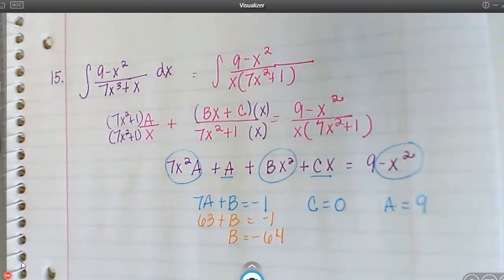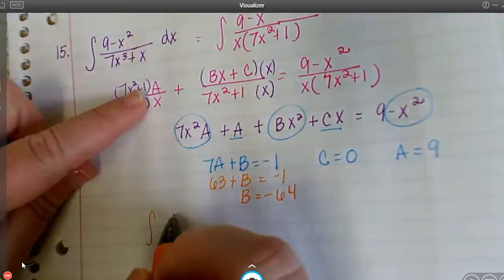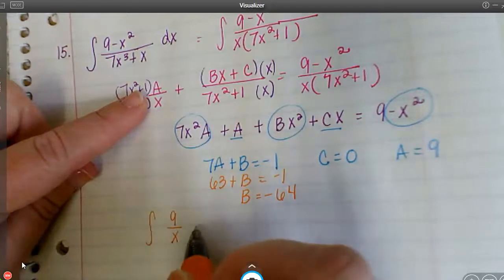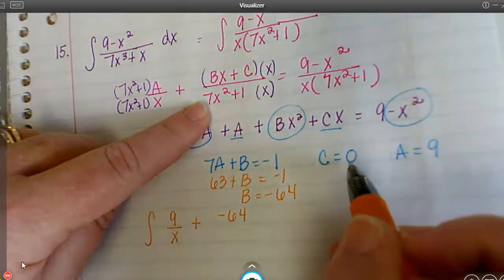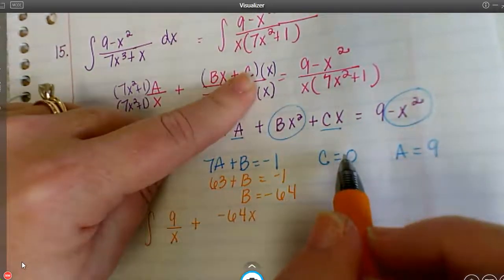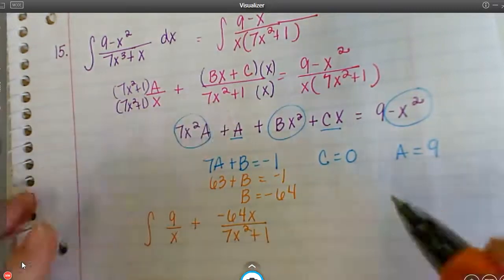It seems like a really awful number, but it's okay. It works out okay. So that means we have the integral of 9 over x plus negative 64x plus 0, so I don't have to write it, over 7x squared plus 1.